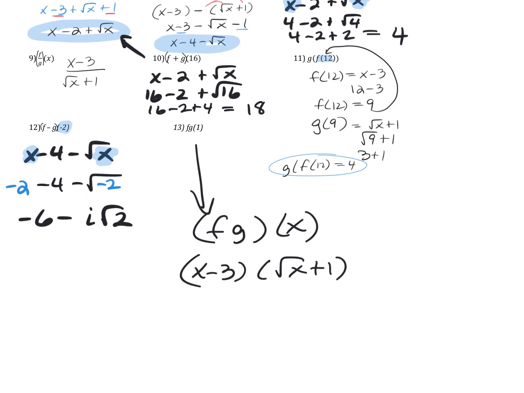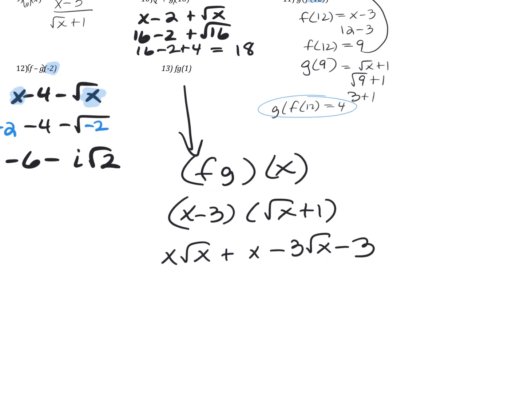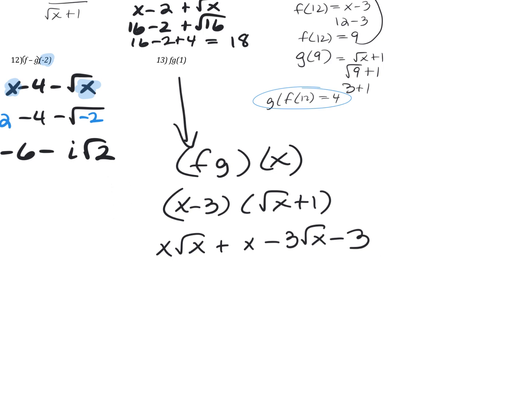So if that were the case, you would get x times the square root of x plus x minus 3 times the square root of x minus 3. Nothing here can be combined, so that would be your final answer here.